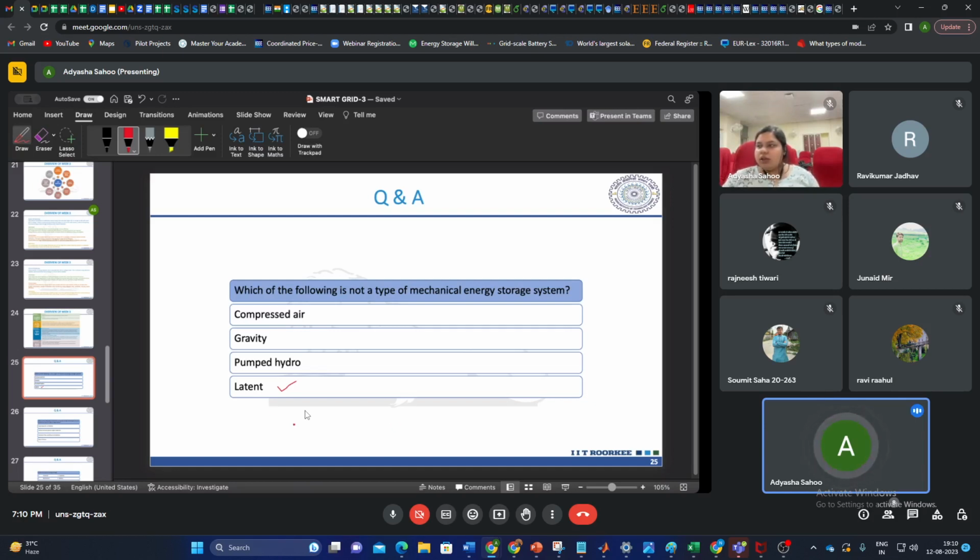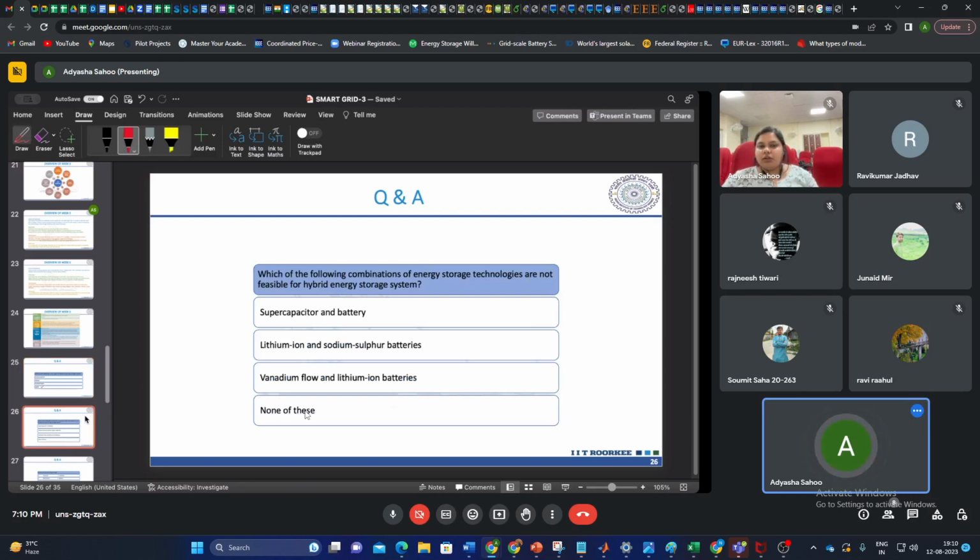So basically there will be phase transformations from one state to another while charging or discharging when we are using a latent energy storage system. So the correct answer is latent heat.